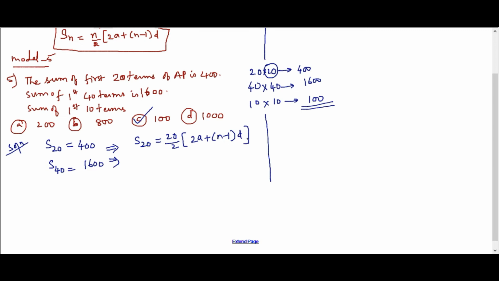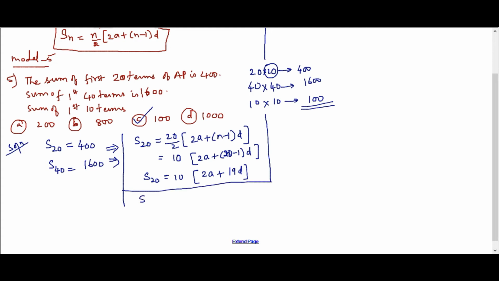We don't know a and d, and that's completely fine. You can substitute n as 20 here, so I'll write this as 10 times 2a plus 19d. Am I correct? So that is S20.